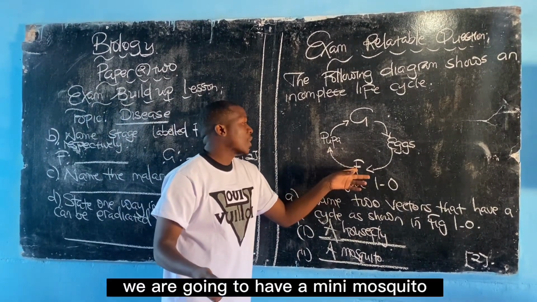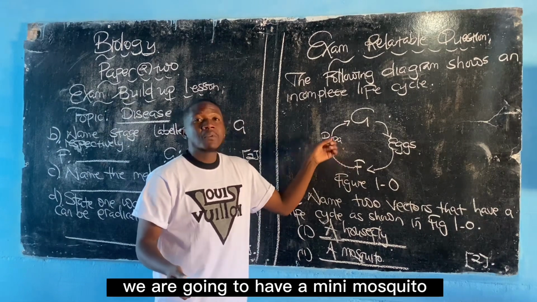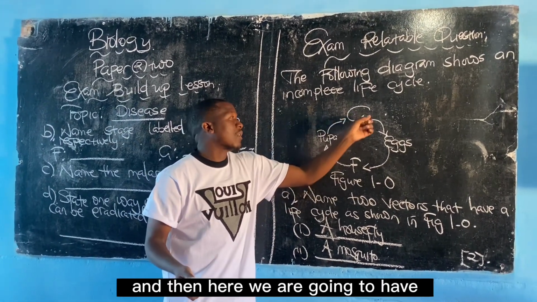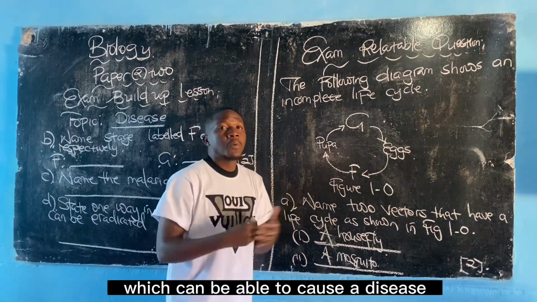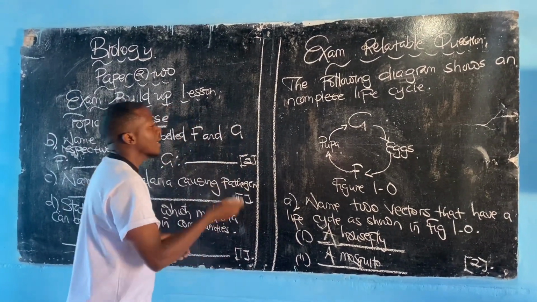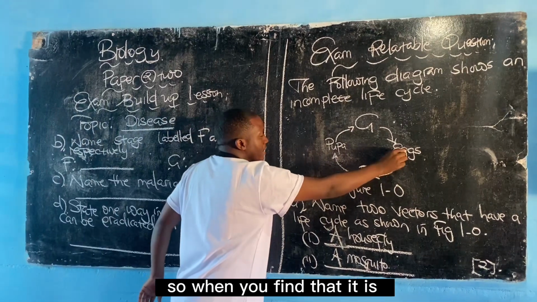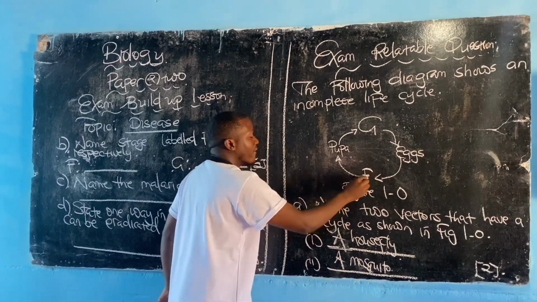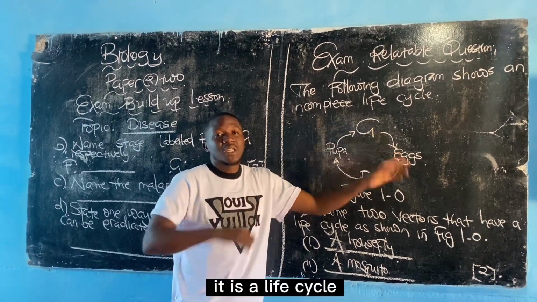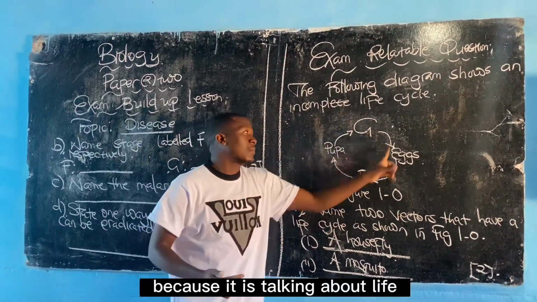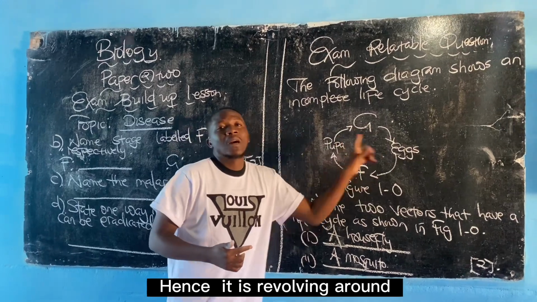And from the larva, we're going to have a mini mosquito. And then here, we're going to have a fully grown mosquito, which can cause a disease. So we're going to find that it is eggs, then larva, then pupa, then adult stage. It is a life cycle because it's talking about life, hence it is revolving around.